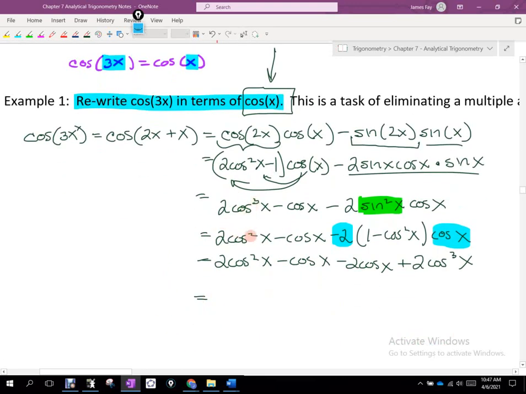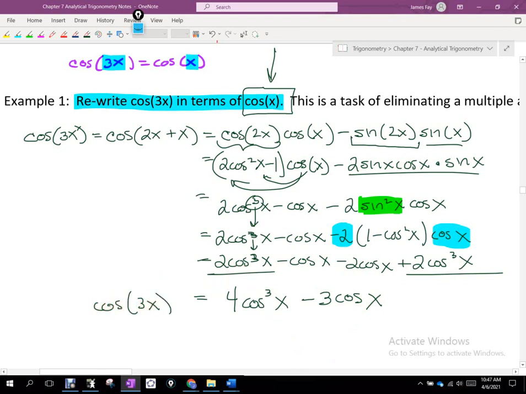I don't know why I changed that from a 3 to a 2. That should be a 3. So now you have 2 cosine cubed there, 2 cosine cubed there. You have 4 cosine cubed x's, right? You have then minus 3 cosine x's. Okay. So now cosine of 3x is equal to that thing there. Is that okay with everybody?